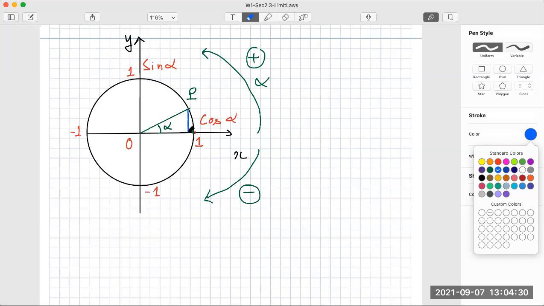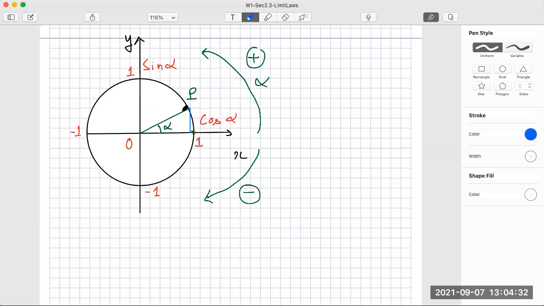We don't know what alpha is yet, but P is on the circle. What is the radius of the circle? 1, right? If we project P to the OX axis, we call it the point A right here.